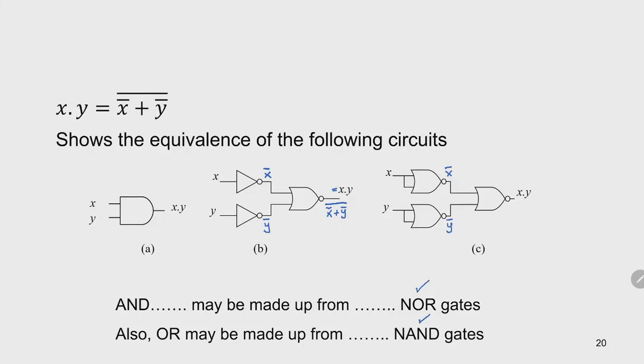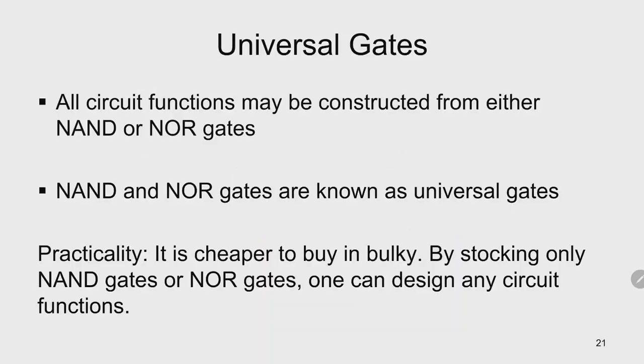Why is it called universal? Because you can construct any circuit function using either NAND or NOR gates. Any circuit function can be implemented using purely NAND gates or purely NOR gates.